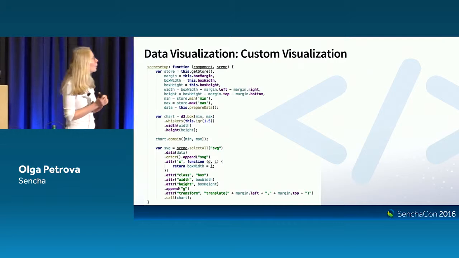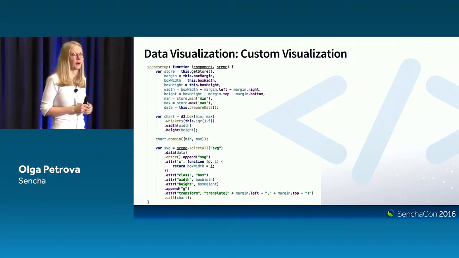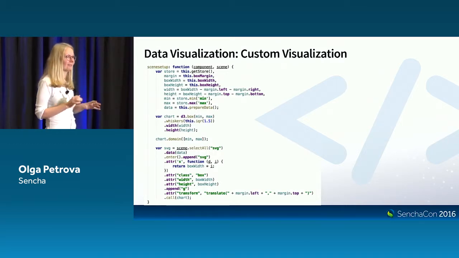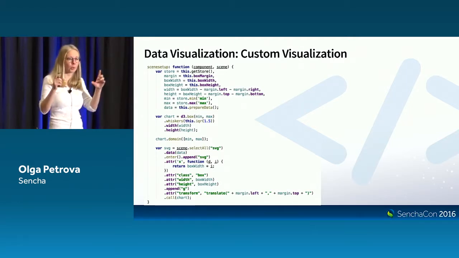This is how you may draw your visualization. Don't worry, I just copied this code from the D3 JS sample gallery and changed it a bit. The first part is D3, all this is just configs. D3 box will generate box plots.